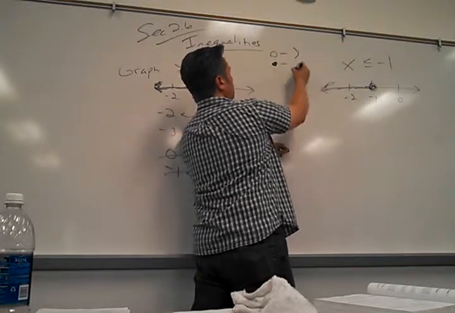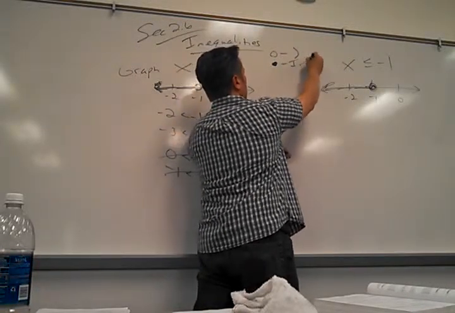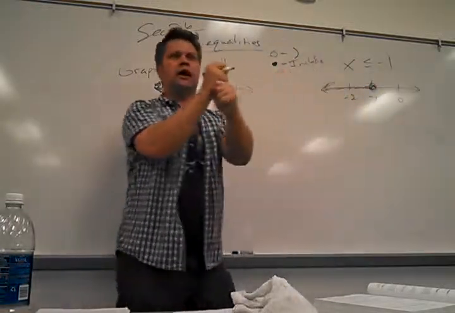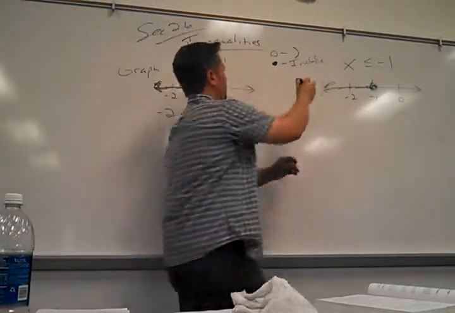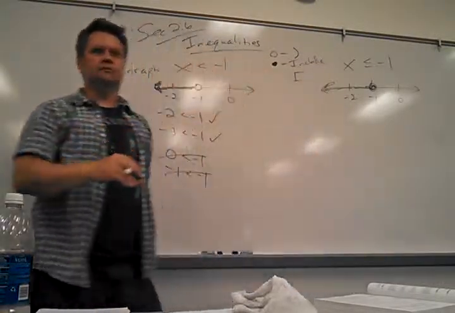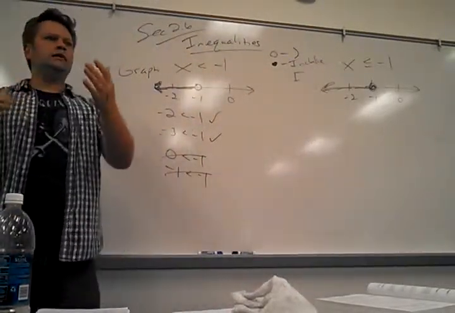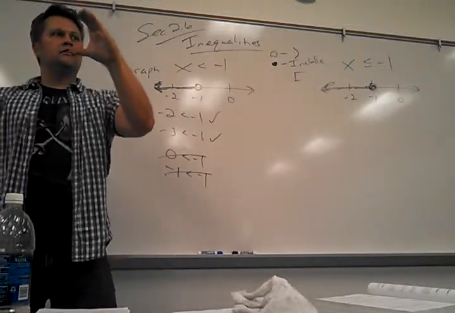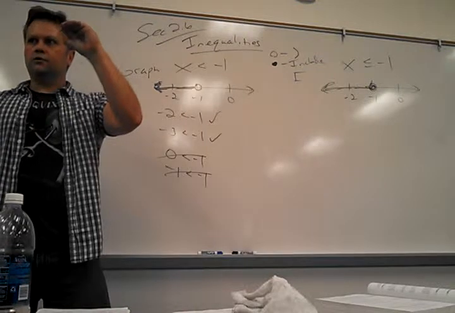Closed circle means that I want to include it, right? If it's less than or equal to negative 1, I want to include that. So then I take the letter I and I just take a few off and I use a bracket. So bracket means include because it looks like part of an I. Parenthesis means don't include because it looks like part of an open circle.